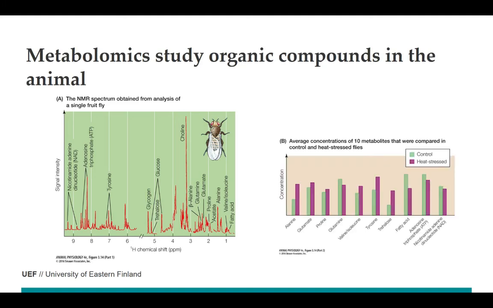For example, during heat stress in the normal houseflies, they increase the tyrosine concentration and decrease the amount of fatty acids inside these animals, etc. So they can have completely different kind of metabolism.